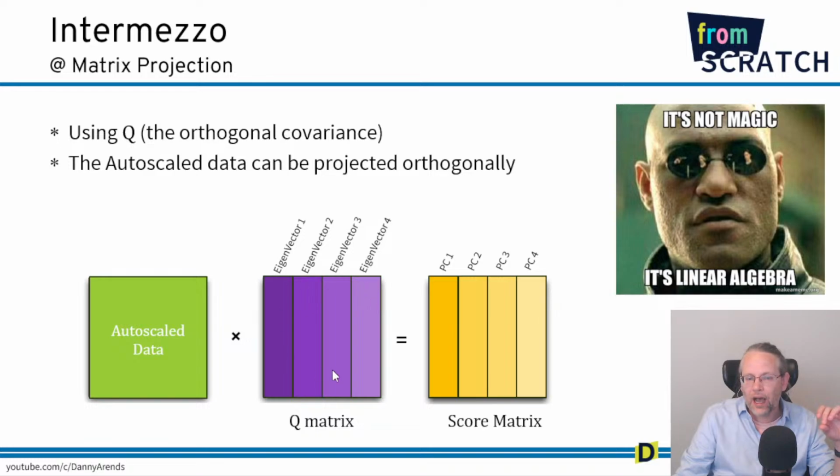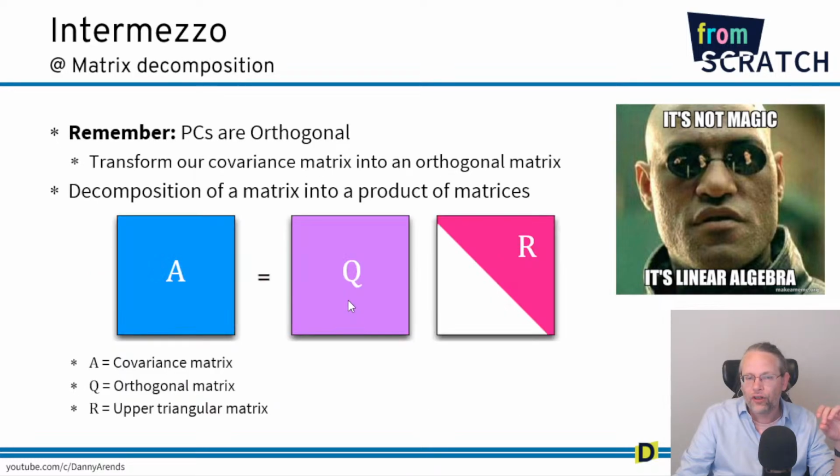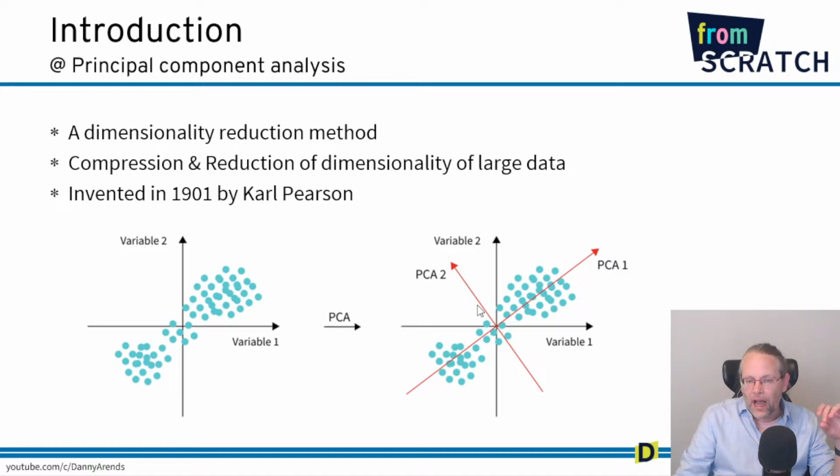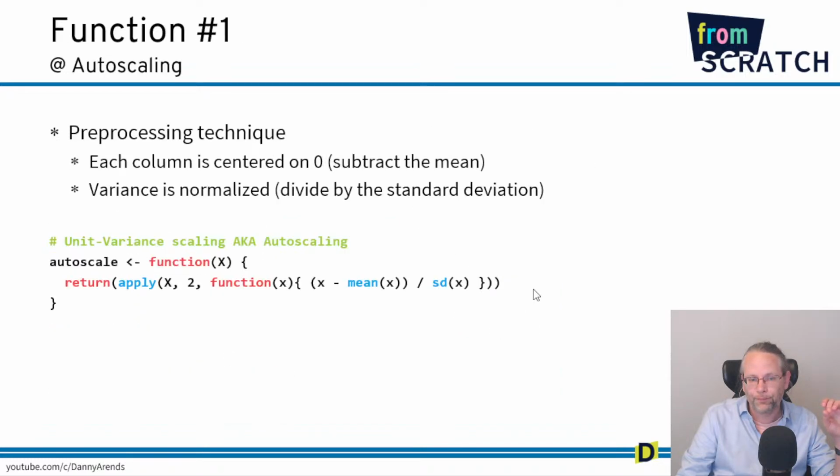So the eigenvectors of the Q matrix, you can think about them as axis rotations, right? If we have two orthogonal axes and two features, then the Q matrix is nothing more than a rotation of the two axes, to change the perspective at which we are looking at the data.